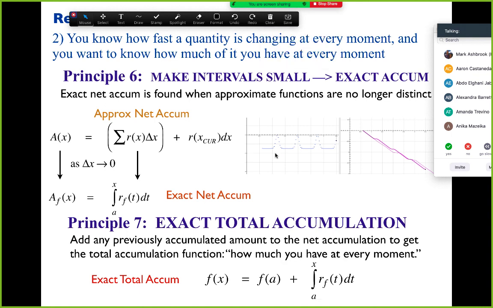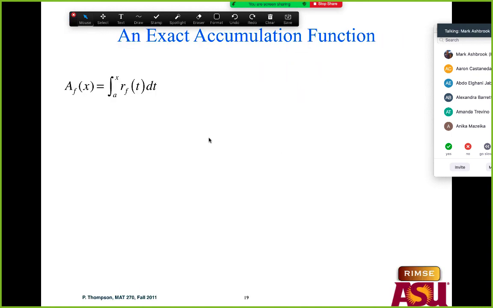So let's look in detail at this whole journey, which has been about what an integral is. Now we see that an integral is a function that gives net exact accumulation of some quantity when you know its rate of change.